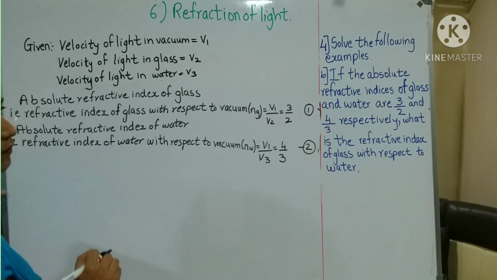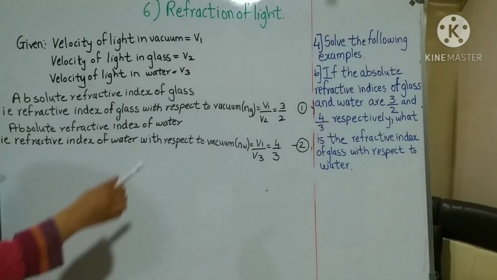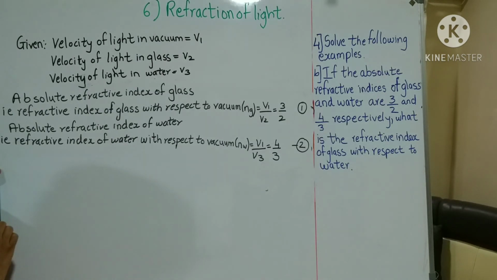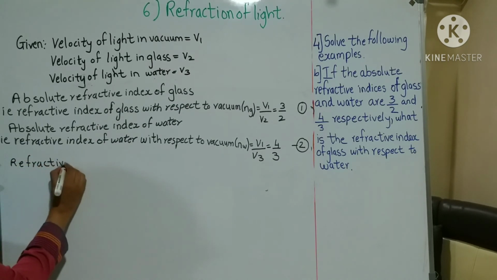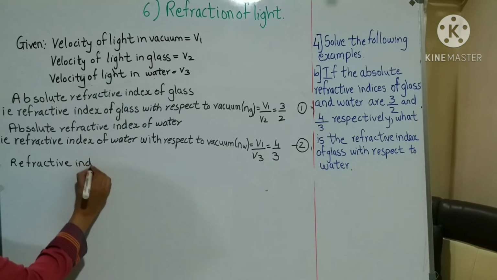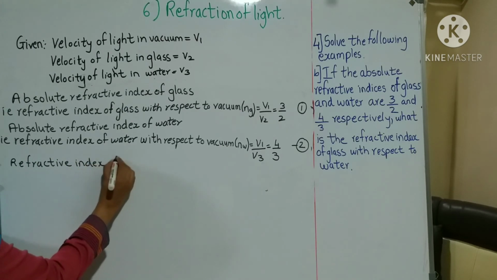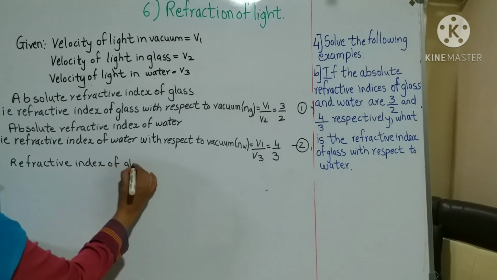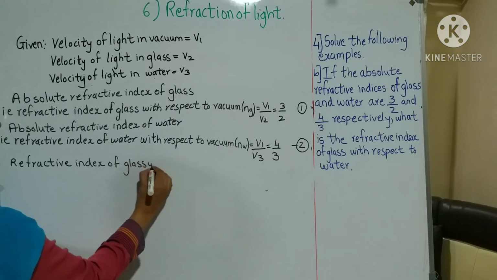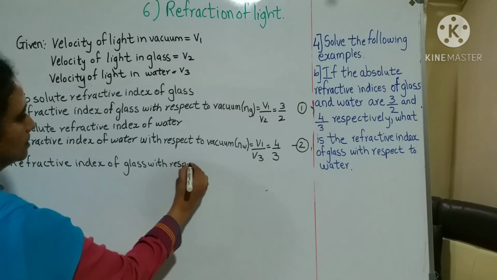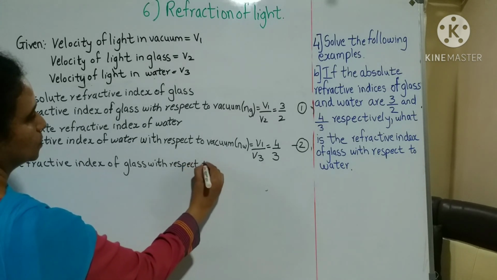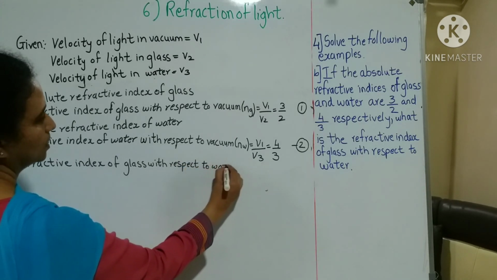Now what we are going to find over here? We are going to find your refractive index of glass with respect to water. So we'll write over here refractive index of glass with respect to water.